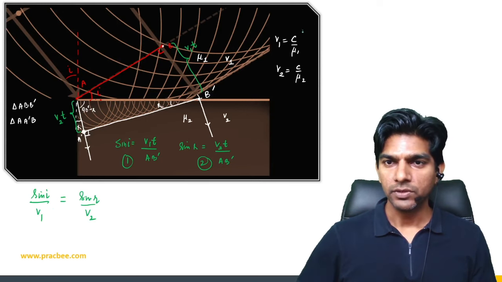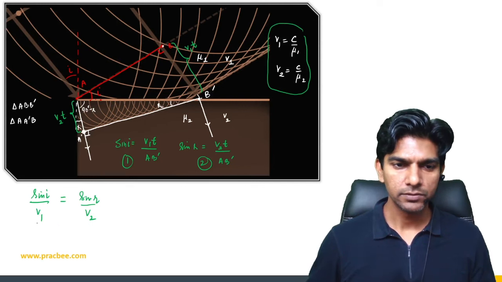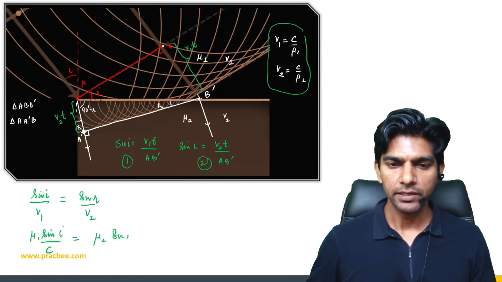And from these two equations, we can write V1 in terms of refractive index. So this will be mu1 sine I divided by C is equal to mu2 sine R divided by C. So C will get cancelled out.